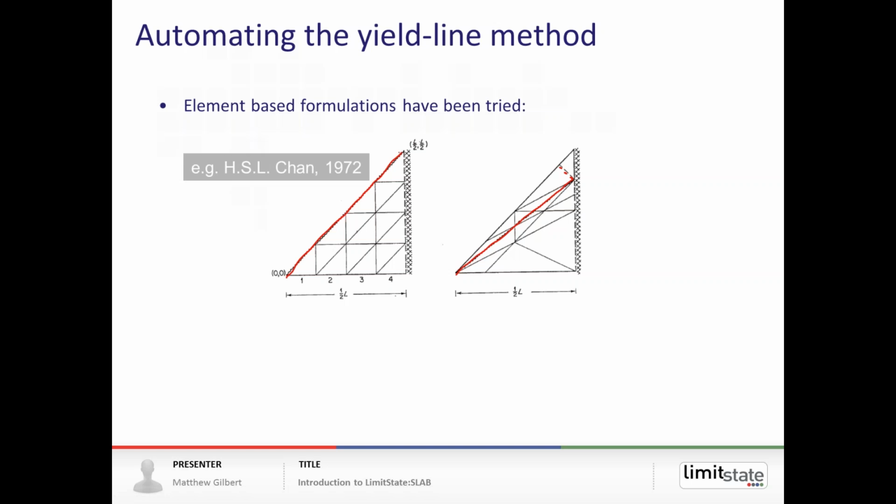Probably the earliest record of a worker trying to do this was Chan in the early 70s. And what he proposed was that you'd discretize a slab using rigid finite elements, and you would allow yield lines to form at the edges of those finite elements. So for example, if this is an eighth of a square slab, you could have a yield line pattern in the location shown in red.